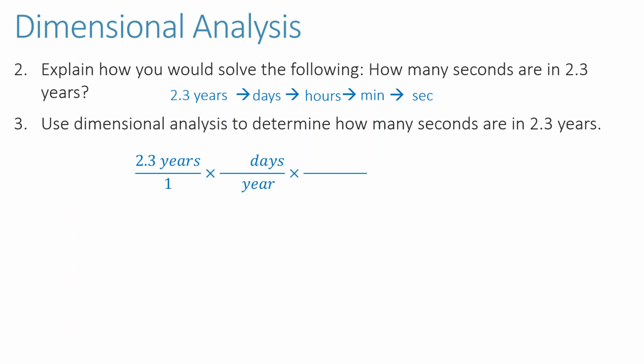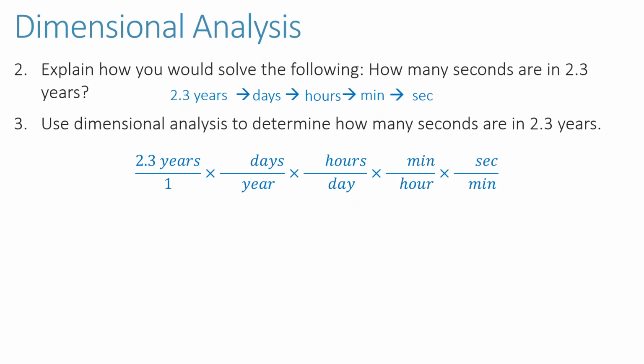So now I know that I want to change days into hours. So now if I stopped and solved, my answer would be in hours. So we're not done. We've got to keep going. So I can change hours into minutes, and then I can change minutes into seconds.